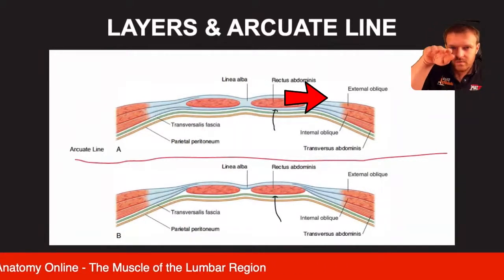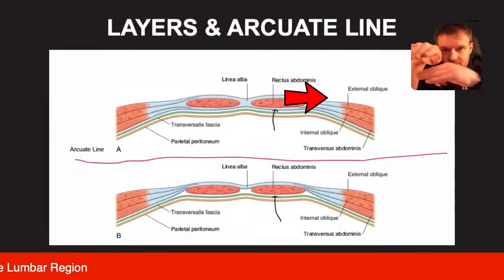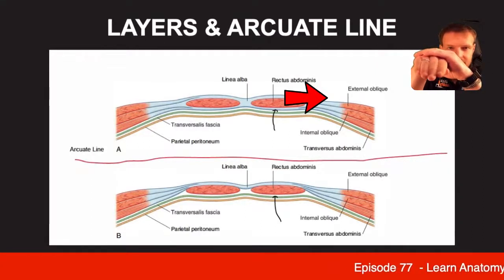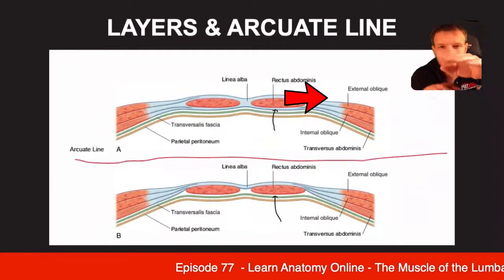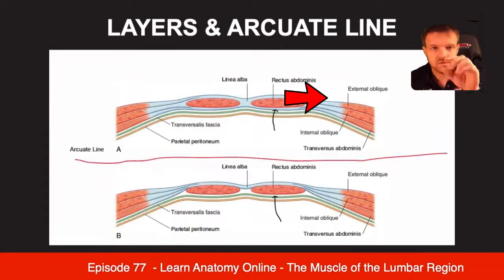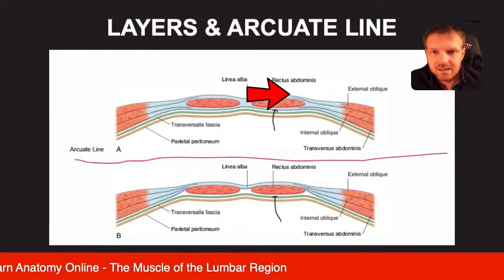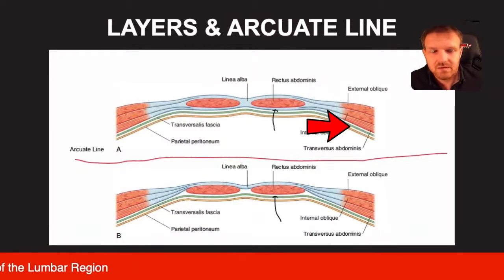So rectus abdominis in the middle, transverse abdominis aponeurosis goes underneath, internal oblique wraps around it and covers the whole thing, and then external oblique goes over the top. So your six-pack muscle, the rectus abdominis, is wrapped in the tendons of these three muscles. Hopefully that makes sense.